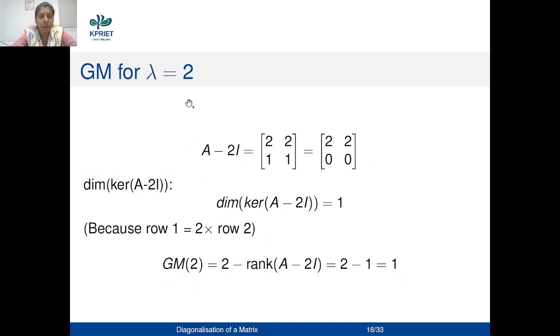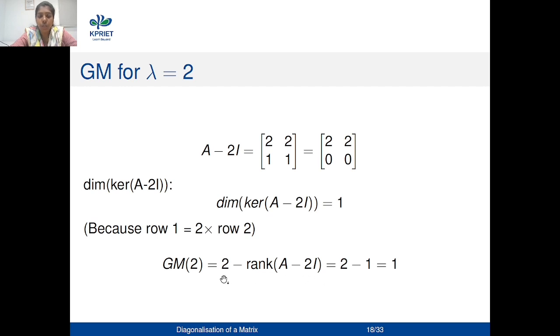Now let us find the geometric multiplicity for the eigenvalue 2. So let us take the same expression, A minus 2I. So here I have two rows in linearly independent form. After doing the elementary row operation, I can make the second row completely 0, which means this is the kernel of the matrix A minus 2I. So the dimension of the kernel of A minus 2I is 1, and this same geometric multiplicity of the eigenvalue 2 can be derived in another form by using this formula, 2 minus rank of A minus 2I.